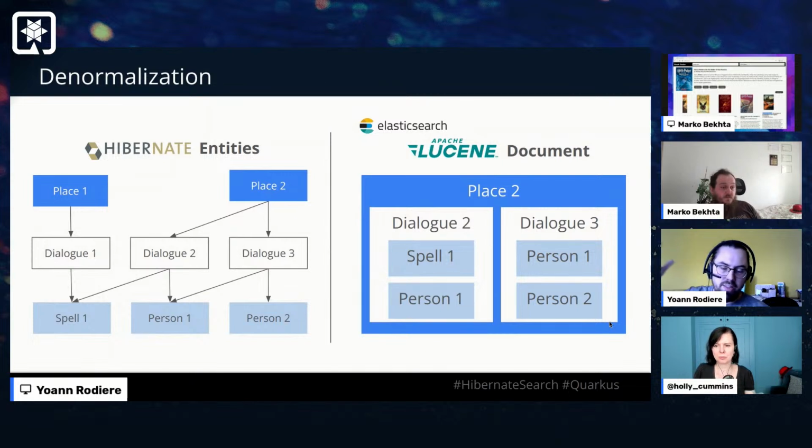You have entities which refer to other entities, and this kind of forms a tree of what you want to index, and you will be able to map that to a document that is stored in either Elasticsearch, OpenSearch, or Lucene. Why those solutions? Well, it's because they provide very advanced search features.